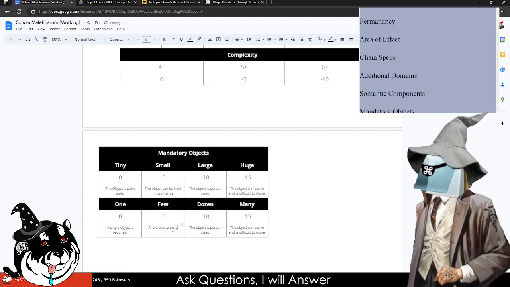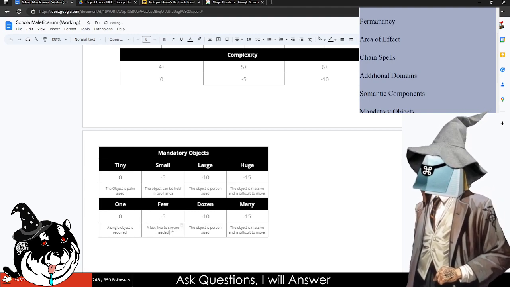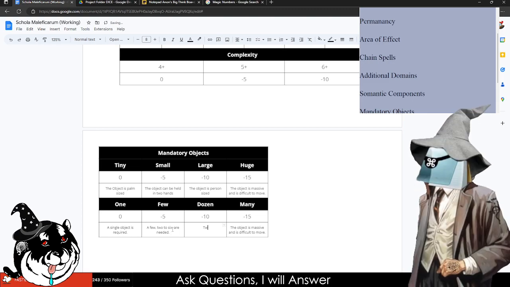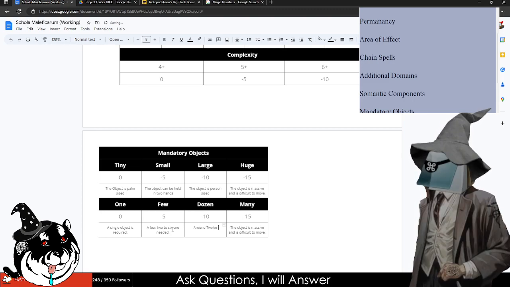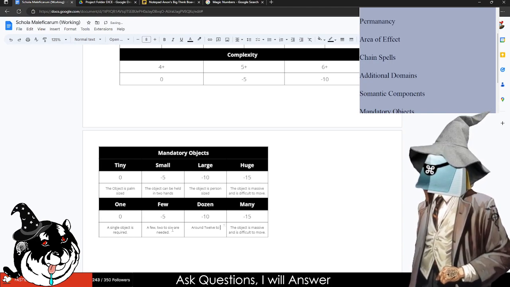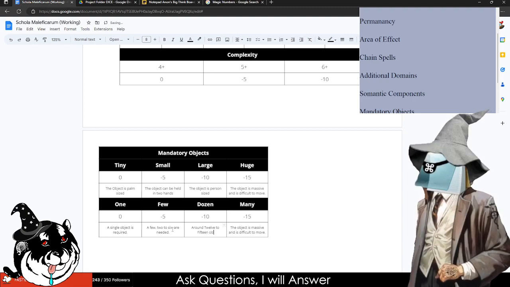A few, 2 to 6 are needed. A dozen, around 12 to 15 objects are needed.